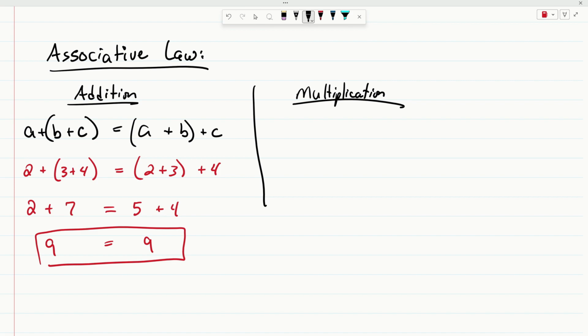For multiplication, basically the same exact idea. We group b and c, but then we multiply a. And then the other side would be grouping a and b, and then multiplying c. So let's do an example. Let's multiply 3 times 4 first. Well, that's going to give me 12.